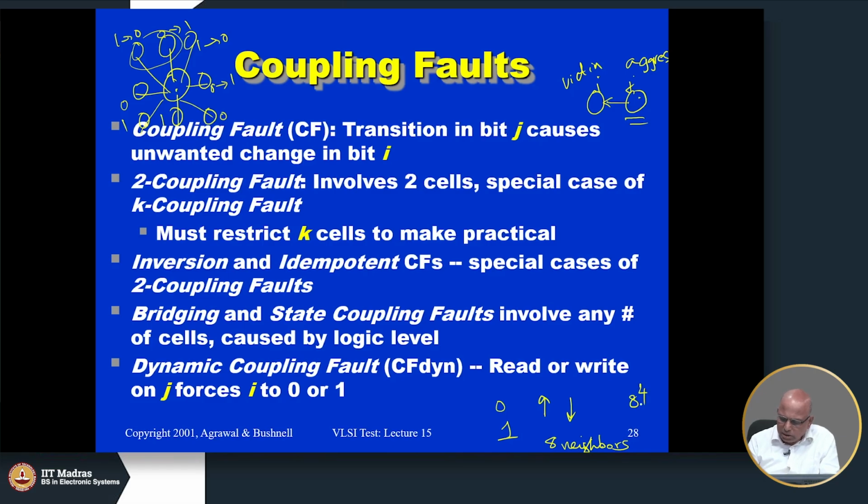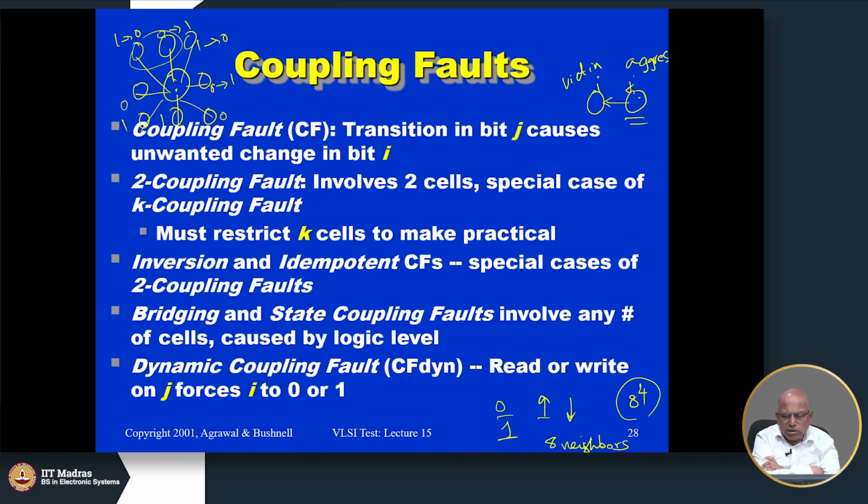Each neighbor can exhibit a 0 or a 1 or a rising or a falling. So, depending on what kind of pattern is around the cell, it can show some victim behavior. So, that is very complicated.